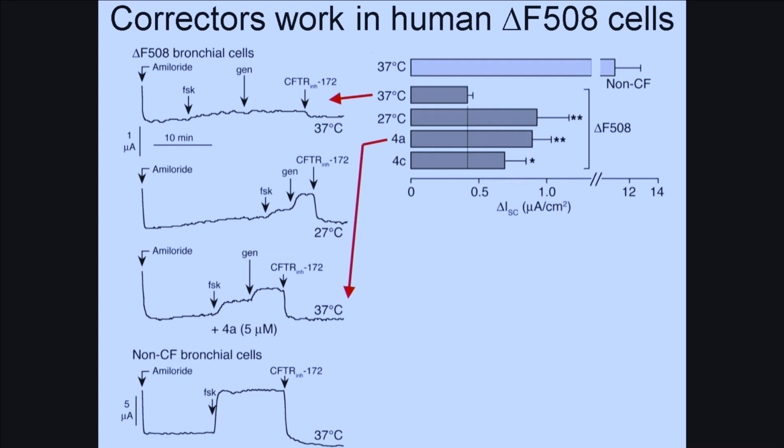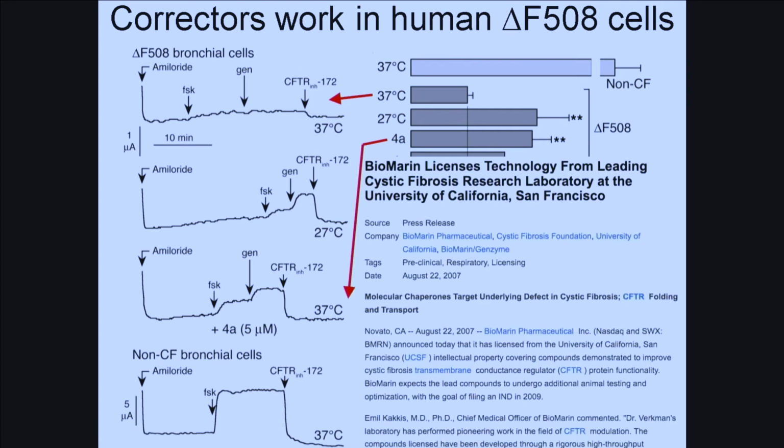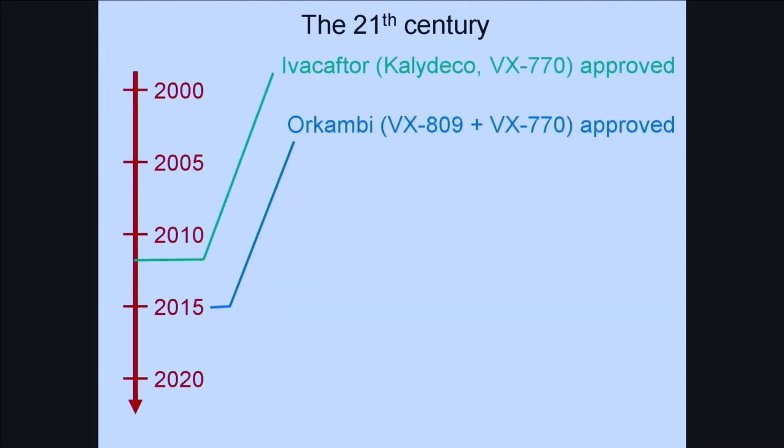So based on the work we did and the optimization of compounds, a little later we, in 2007, licensed the whole portfolio to BioMarin, a small California company, to develop this. And unfortunately, they were not all that effective in developing the compounds. And as you know, the winner in terms of getting the first compounds out there was Vertex.